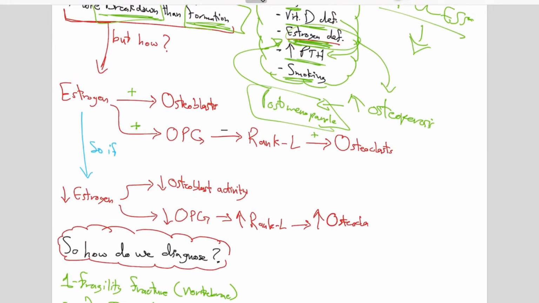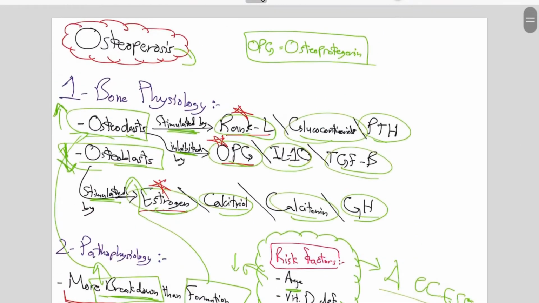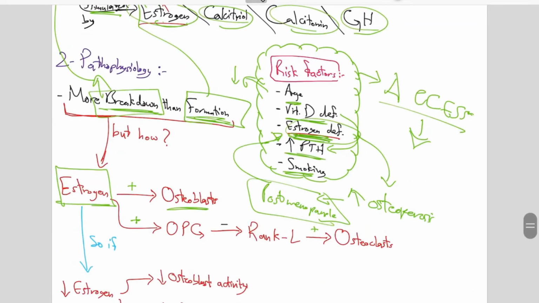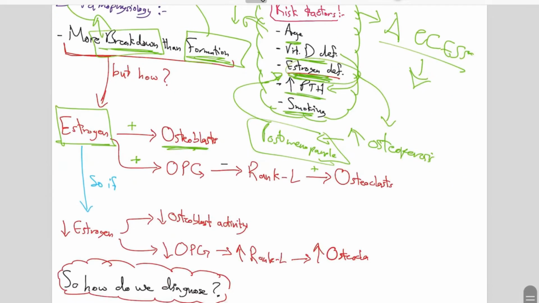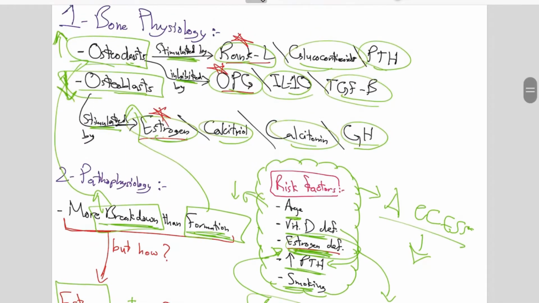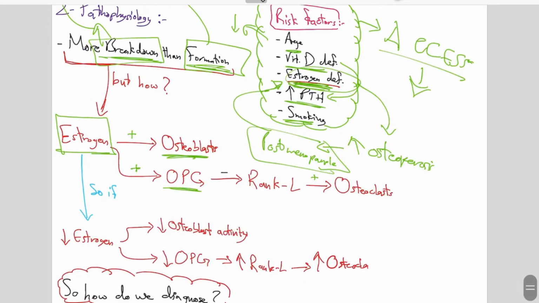Now, how does estrogen even work on the bone? What does estrogen do to the bone that makes it a major player when it comes to osteoporosis? Simply what you need to know, guys, is that estrogen, as we said above, stimulates osteoblasts. But it also does something else. It stimulates OPG. And what was OPG? OPG inhibits osteoclasts. But how does it inhibit osteoclasts? By inhibiting RANK-L. And what was RANK-L again?